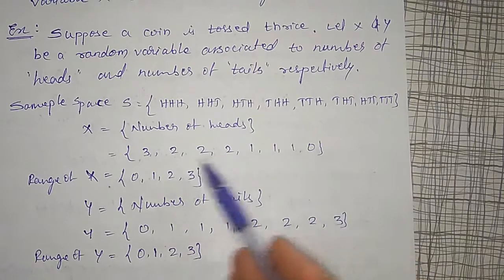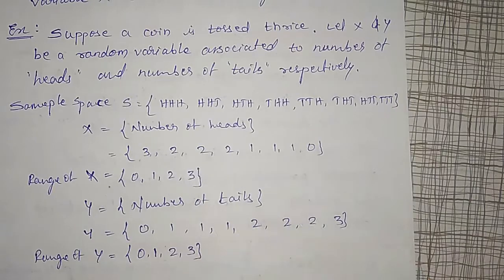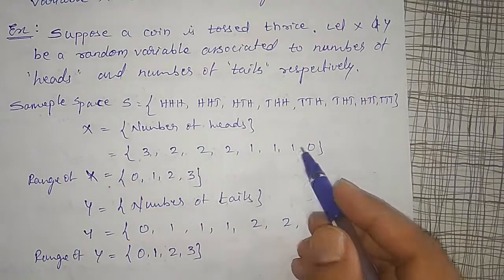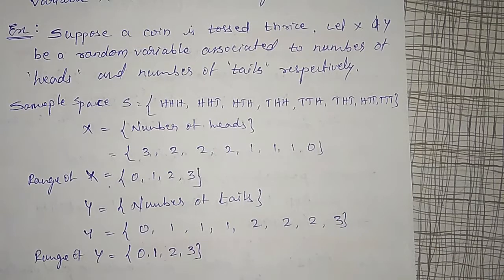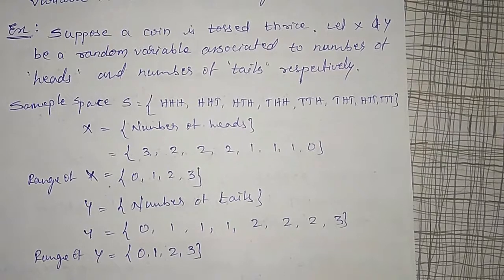If values like 1.1, 1.2, 1.3 are given within a range, such a variable is known as a continuous random variable. Let me define them.